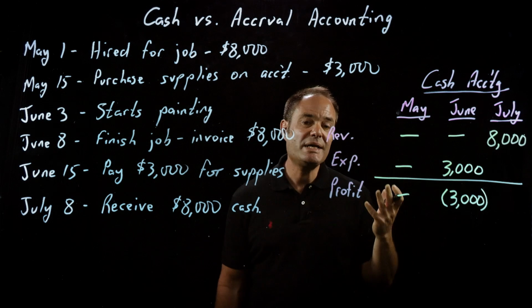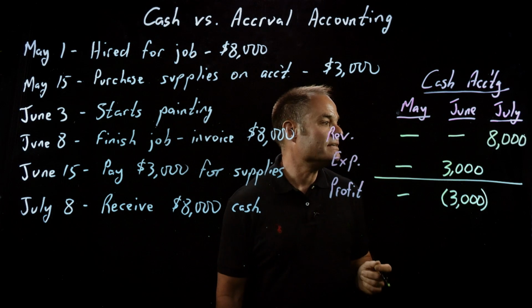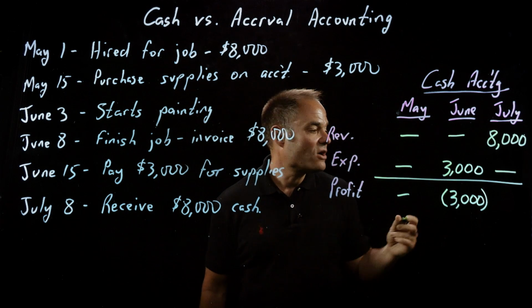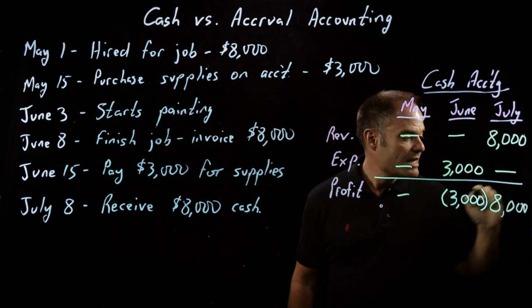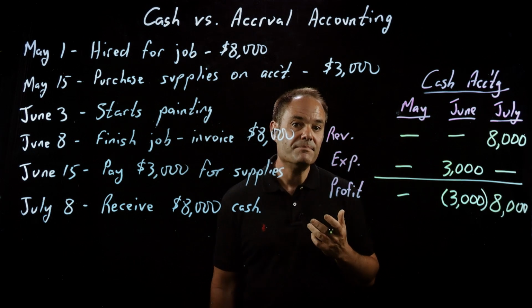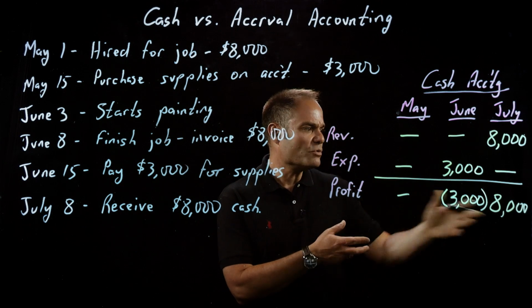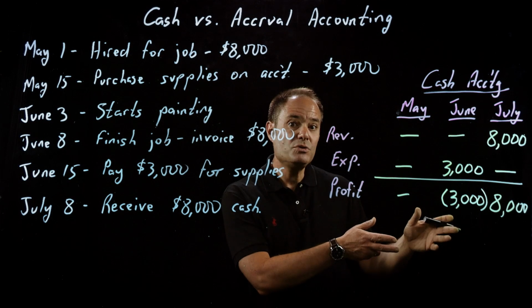Even though he hasn't been doing anything in July, he's just been sitting around taking the summer off, he received revenue. He had no expenses. He didn't pay out any cash. And consequently, in July, he has $8,000 of profit. Now his wife is looking at him and saying, you should take vacation more often, Joe, because somehow you're making money. When you're running around doing stuff, you're losing money.